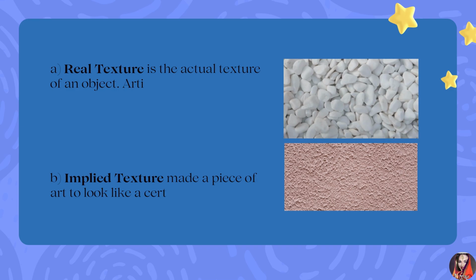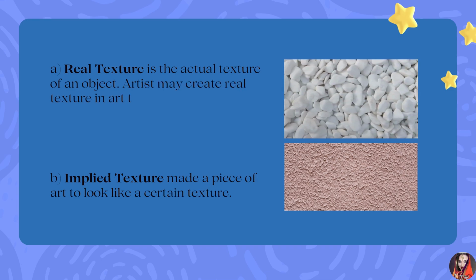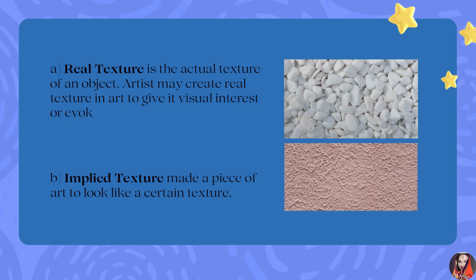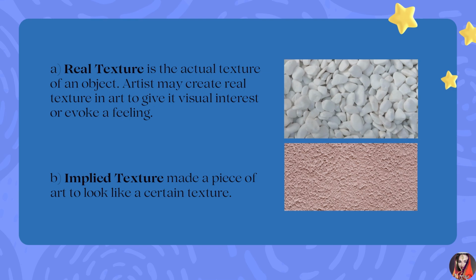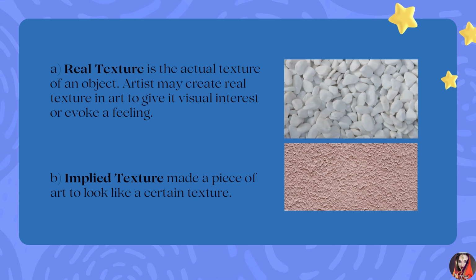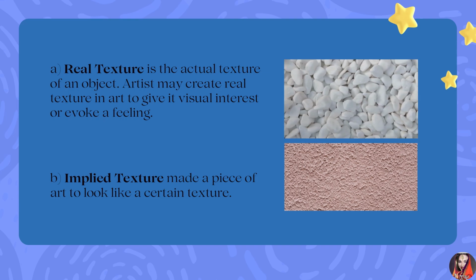Artists may create real texture in art to give it visual interest or evoke a feeling. Implied texture makes a piece of art look like a certain texture. Like a drawing of a tree trunk may look rough, but in fact it is just a smooth piece of paper.